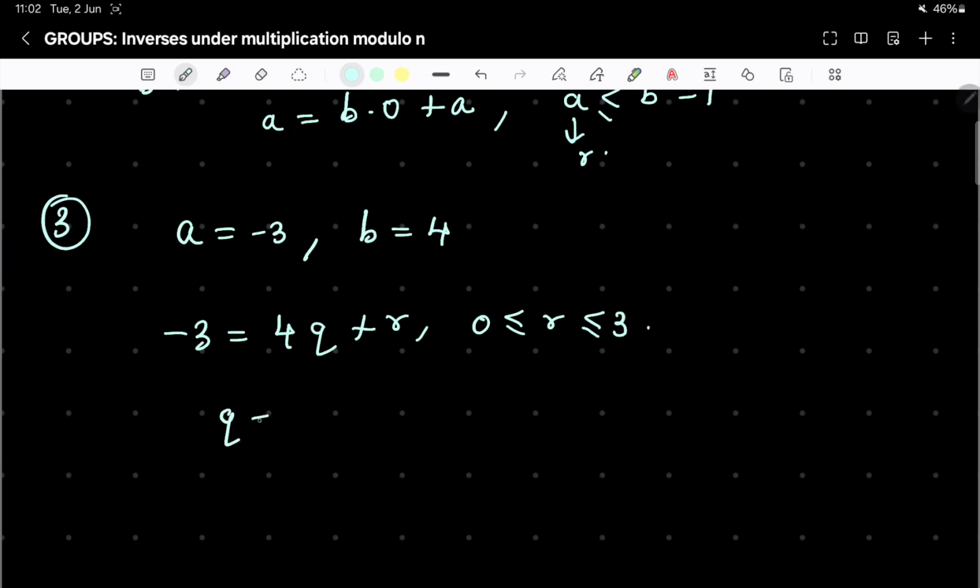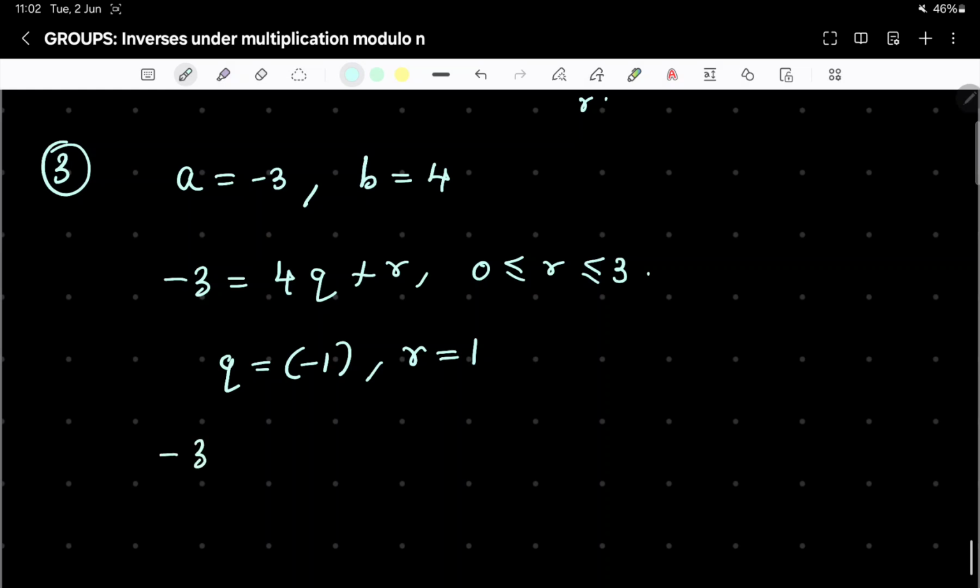If you choose Q equal to minus 1 and R equal to 1, we are done. It is minus 4 plus 1, which equals minus 3. So it serves the purpose, and R is in the range. So this is the division algorithm.